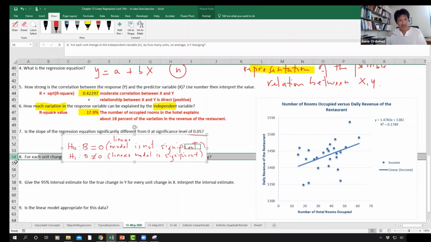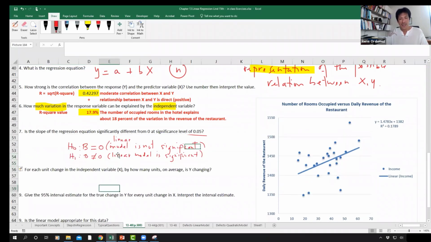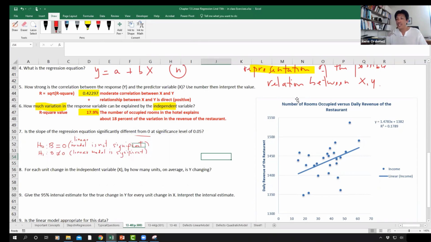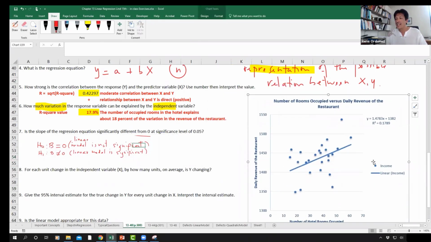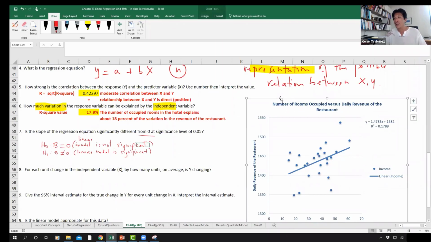Let me insert a couple of rows. Okay. Now, we really don't have enough information based on this scatter plot to render a conclusion here. To be able to render a conclusion on this hypothesis, we will have to run what is known as a regression analysis. Okay? So here's how we do it.